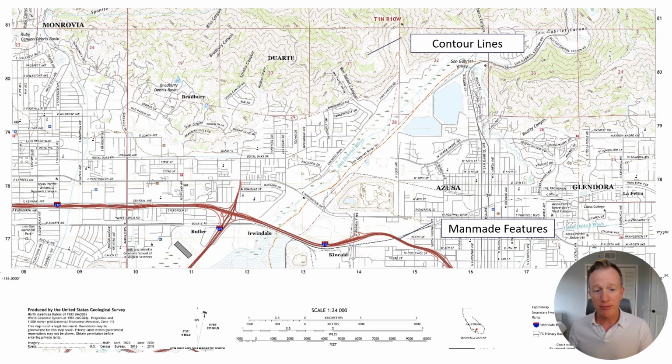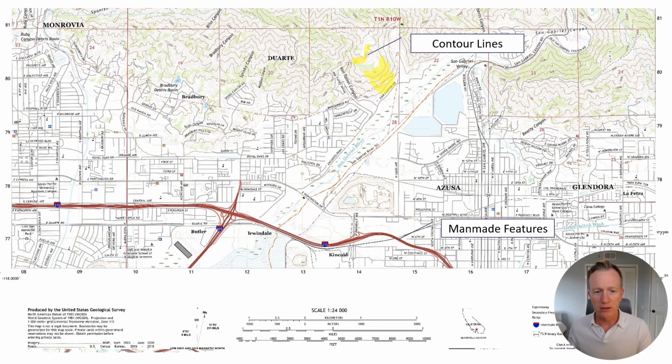So here's an example of a topo map from the U.S. Geological Survey that centers on the area from Monrovia, Duarte, Azusa, and Glendora. So we're talking about the 210 corridor where the 605 meets. And on this map, we can see some contour lines. That's a contour line. You have a whole series of contour lines here.